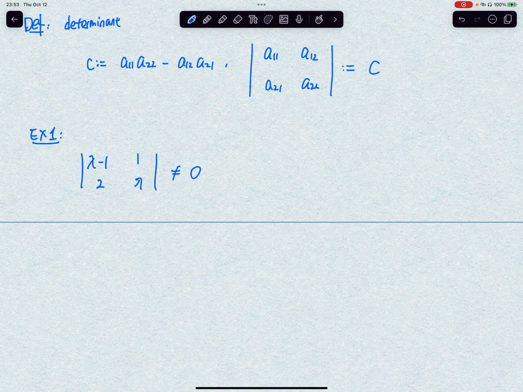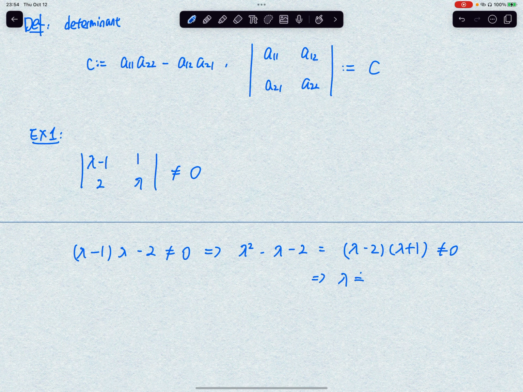So by the definition, we know lambda minus 1 times lambda minus 2, this guy does not vanish, which means lambda squared minus lambda minus 2 does not vanish. And this could be represented by lambda minus 2 times lambda plus 1. And this guy not equal to 0 means lambda is not equal to 2 and lambda is not equal to minus 1.